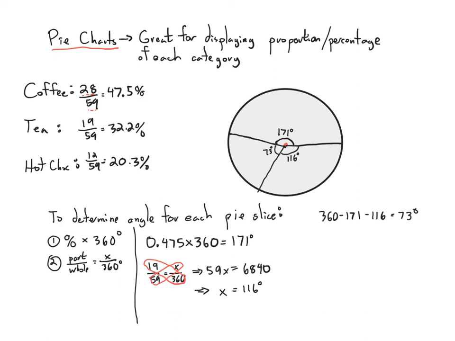Now it's always a good idea to color each section a different color so that people know what each slice represents. So we'll go to our coloring tool. And if you're doing this using computer software, it will do all of this for you, but it's good to know where all this is coming from. So let's color, maybe coffee will be red, and I'll do a little legend after I color everything in here. So there's red. Let's do tea with green.